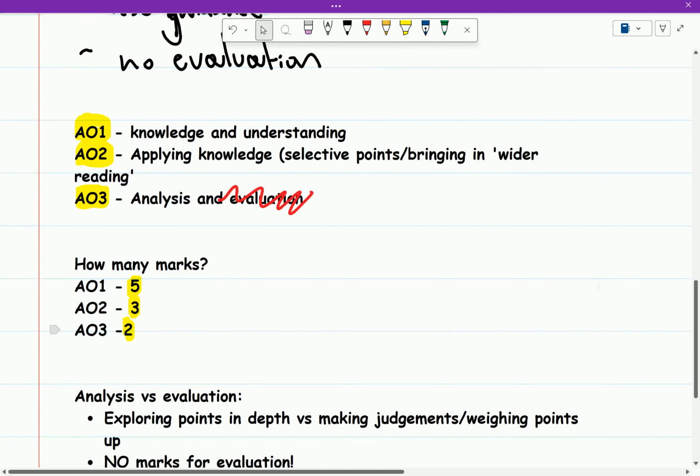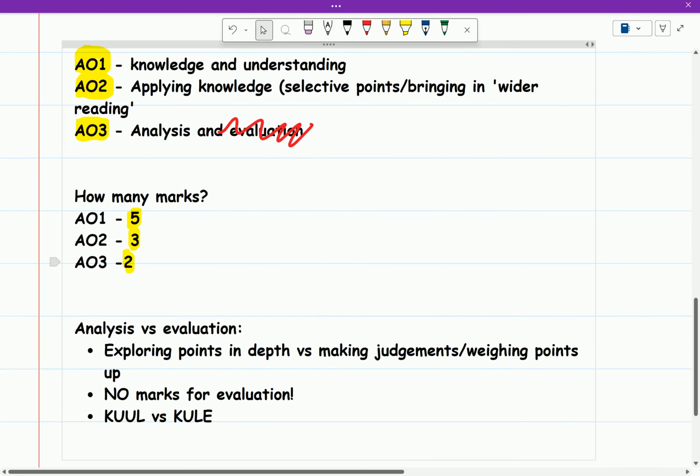Okay, one last point to make before we wrap up here. Analysis versus evaluation. So I guess a really good way to try and visualize it in your head is, analysis is about exploring those points in depth, not just making a statement and then moving on. What does it mean? And what does that mean?